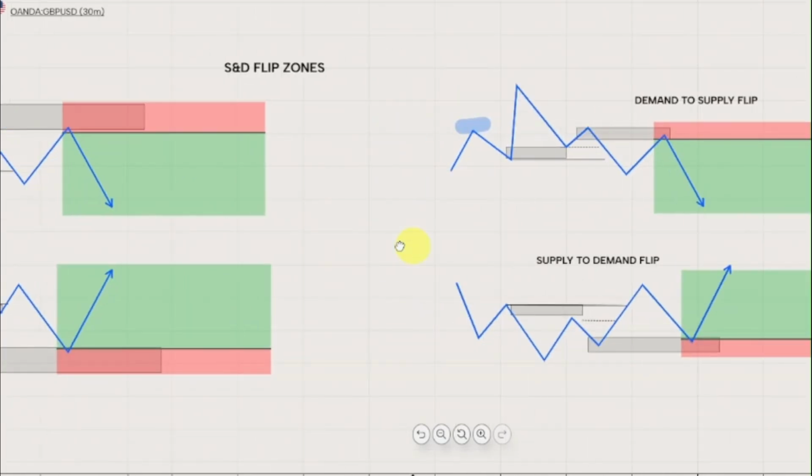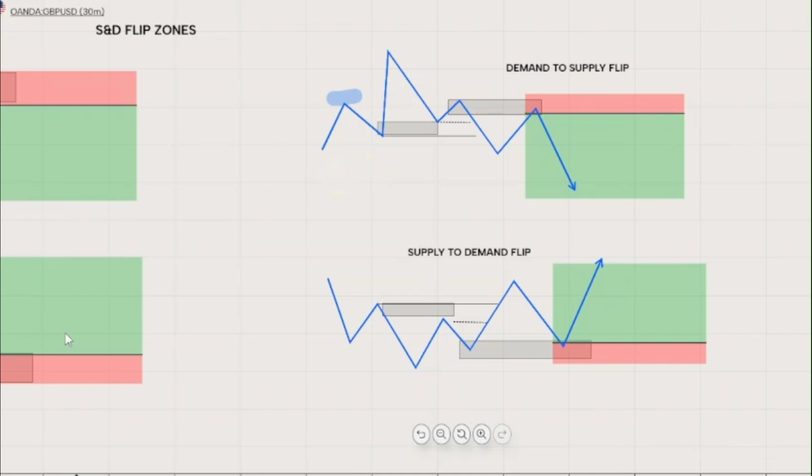Let me zoom in more. Price will come and react to this zone, behaving like it is trying to push up and break this high here, but it will push up a little, change character, that is break the demand zone to the downside, and then drop. So this reaction needs to be there.